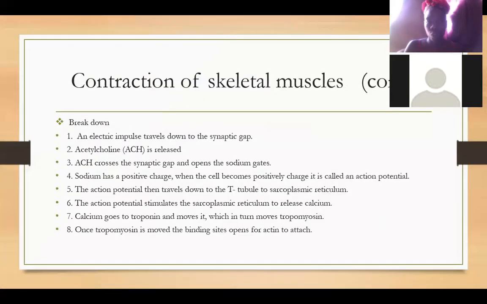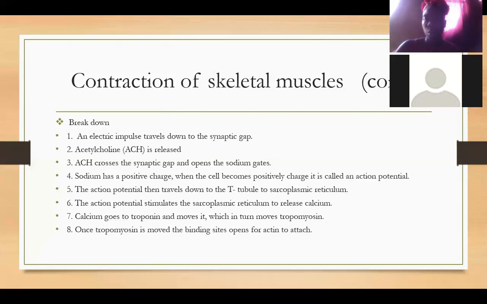All right. So let's go with the electrical impulse. As we see, we need to send signals to that body part for it to move because it's not involuntary, it's a voluntary action. So our electrical impulse travels down to the synaptic gap.